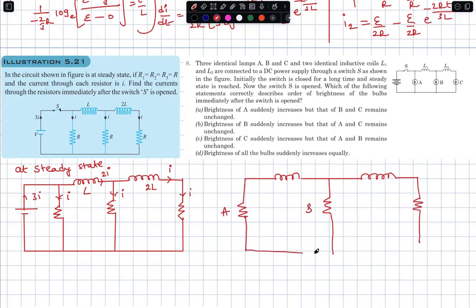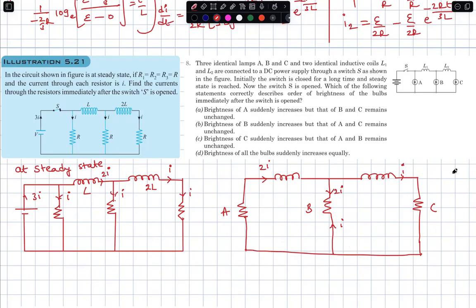Earlier, all the resistors carry the same currents. Now what happens? That's my point. Remember, this carries a current of 2I still immediately after opening, and this carries a current I. The issue is, boys and girls, due to this 2I in this direction, due to this I in the upward direction, what is going to be the net current through B?